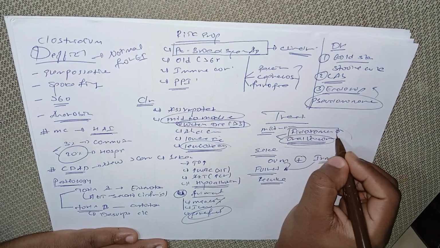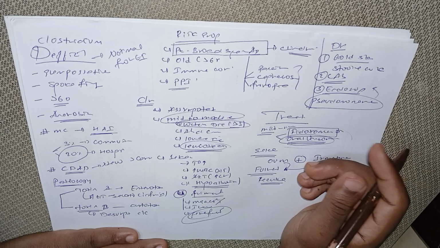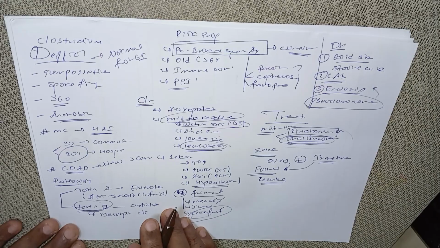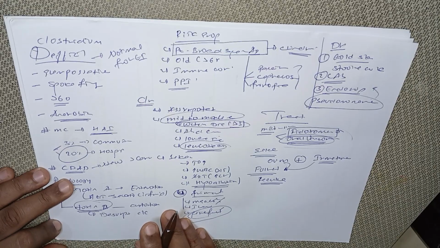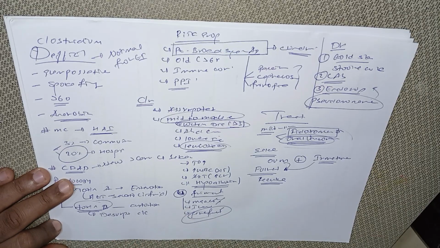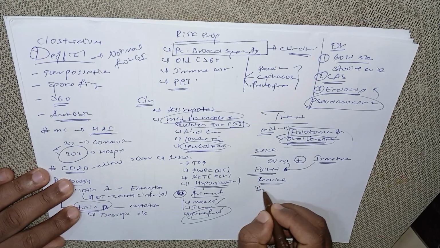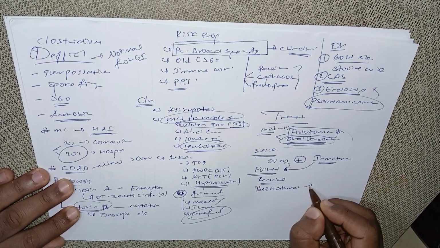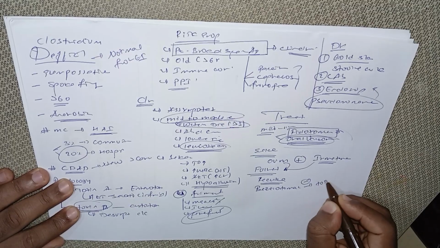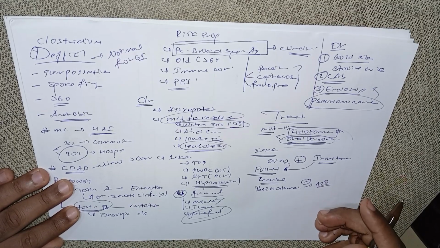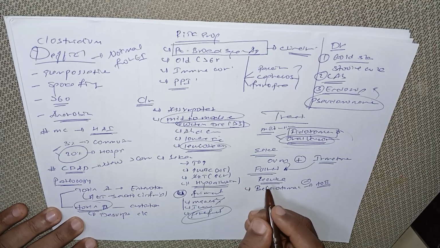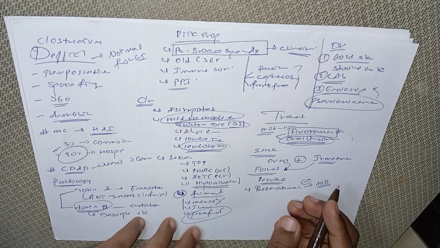The first one is that fidaxomicin is also a choice, and we also target toxin B. There is a monoclonal antibody against this toxin B called bezlotoxumab. Another important and recently new thing we are doing is fecal microbiota transplantation.